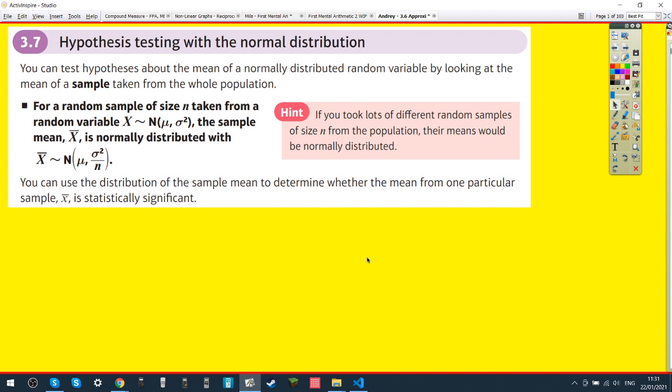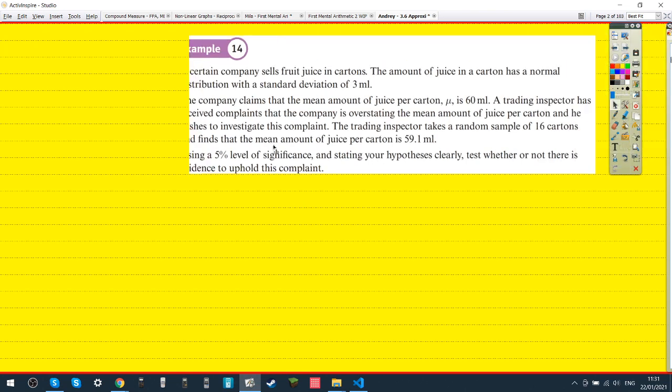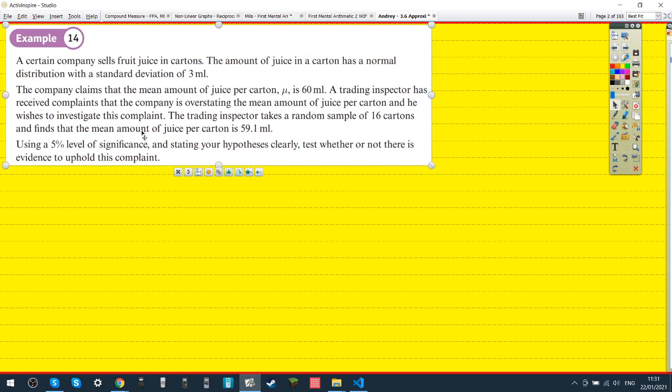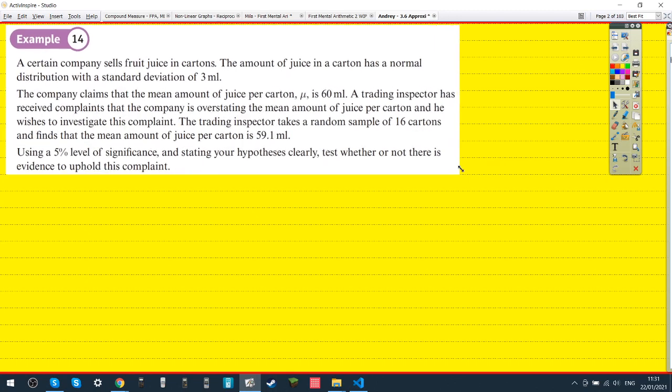Let's see. So you can test hypotheses by just taking a sample. Aha, so this is a sample. This time it is the standard deviation out of the sample size. Okay, let us see. Let's try this one.